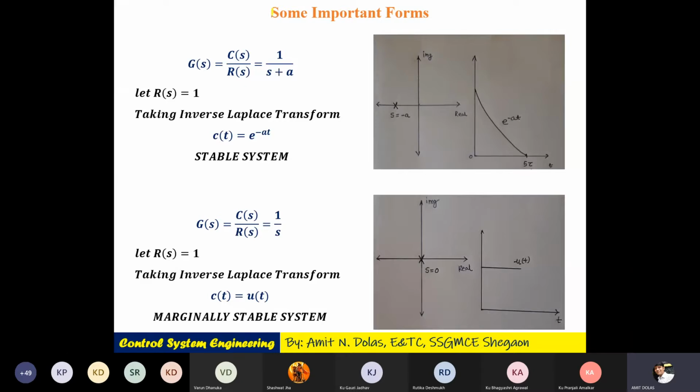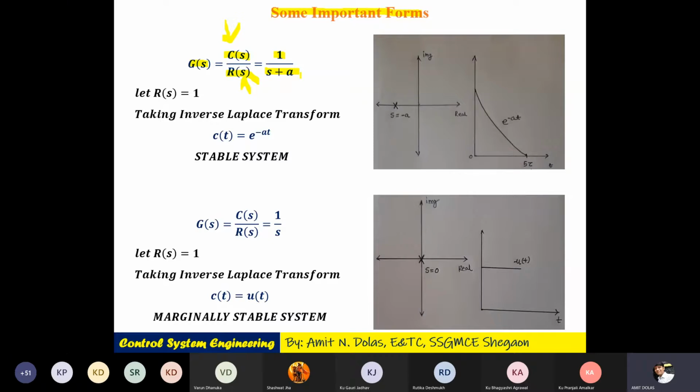Some important forms of the transfer function that you have to remember every time, because they are very useful. I have one transfer function G(s), which is nothing but C(s) upon R(s). C(s) is the response, that is the output, and R(s) is the input, nothing but the excitation. Its transfer function is 1 upon s plus a.